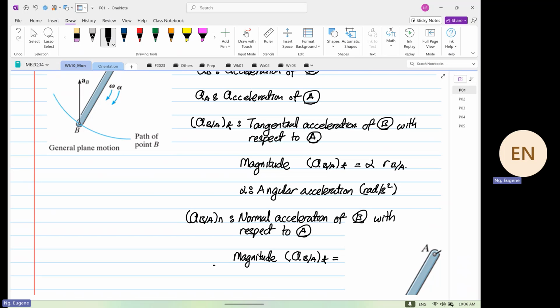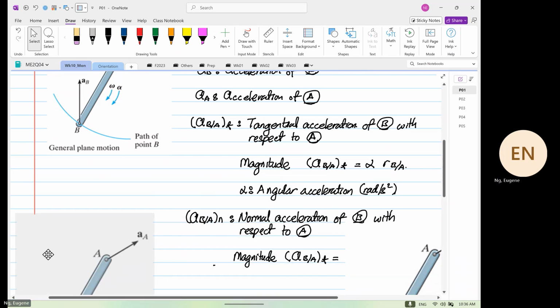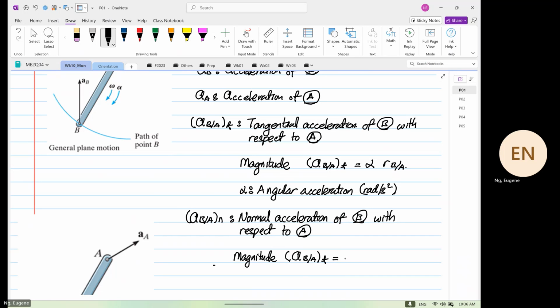It is equal to omega squared multiplied by r of B from point A.